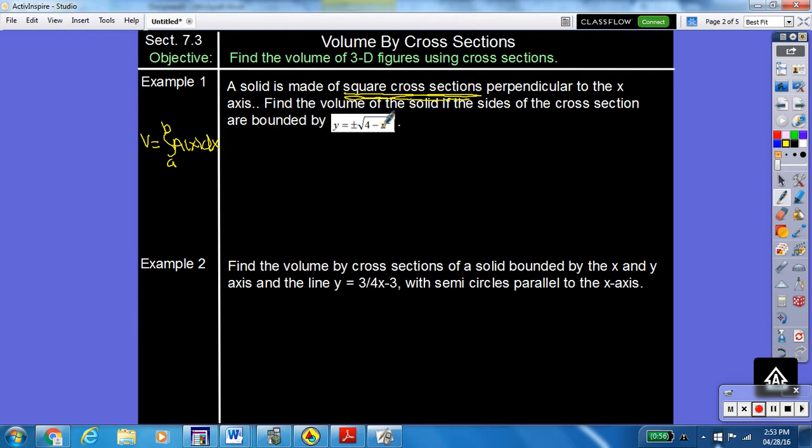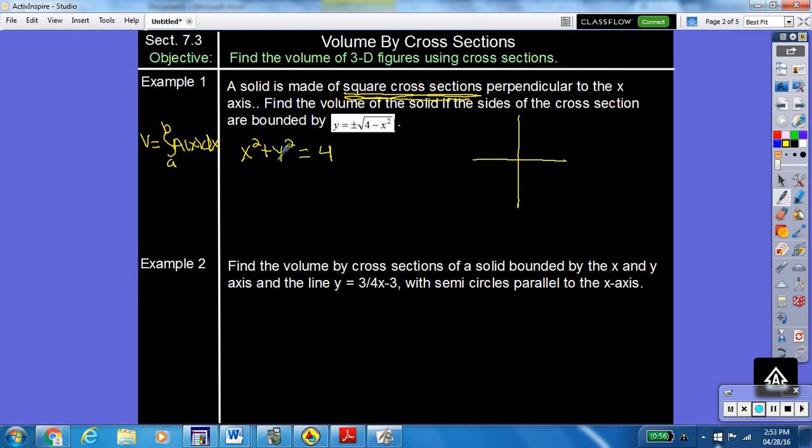Now, if we were to graph this function, you may or may not recognize that what it actually turns into is the top and bottom of a circle. The equation for a circle centered at the origin would be x squared plus y squared equals 4, or 2 squared.